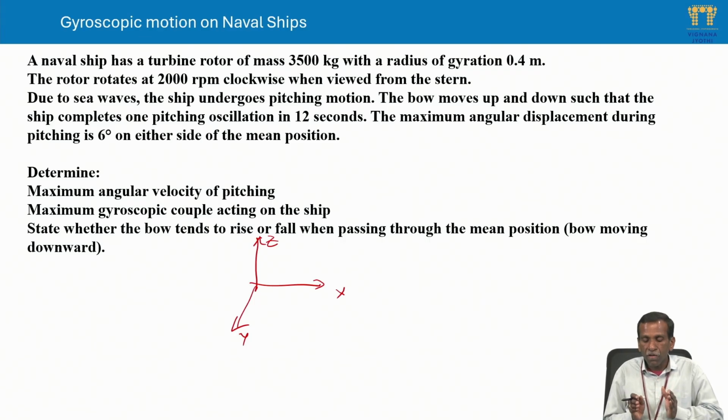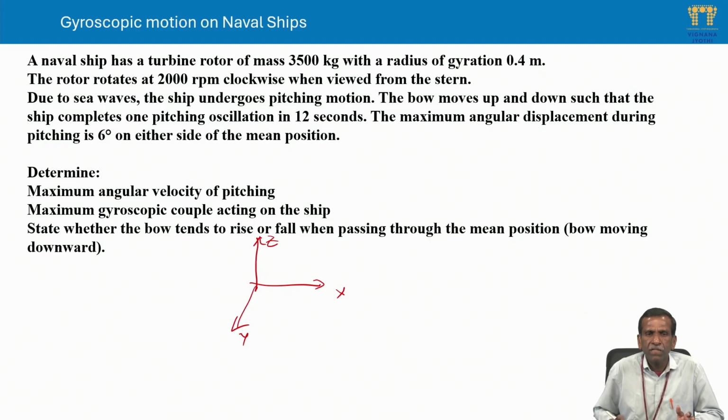In this problem, the rotor is rotating about the x-axis, that is omega s, the spinning angular velocity. Then here we are going to give the pitching. Then about the third axis it is going to rotate because of the gyroscopic couple. Then the reaction causes opposite rotation. We will see this in this problem.